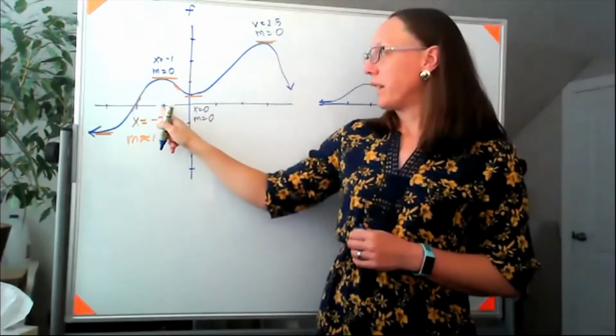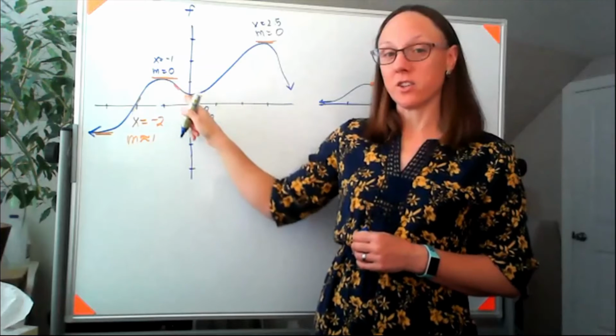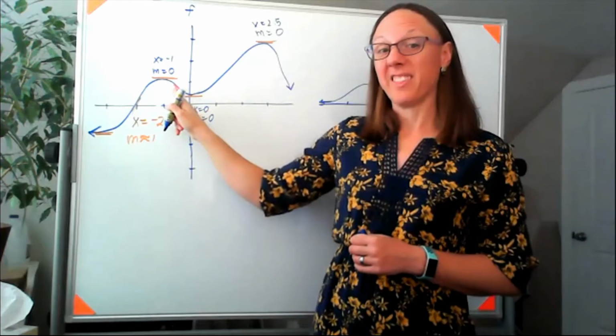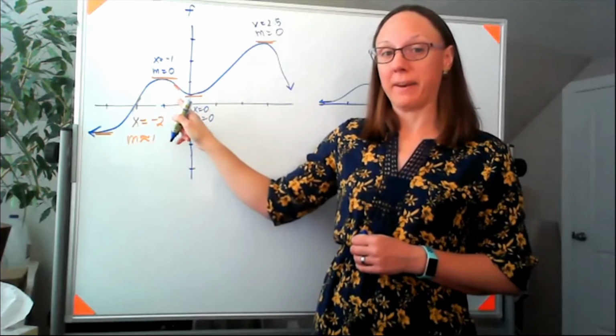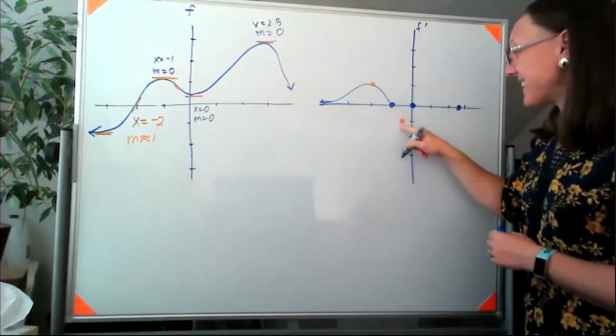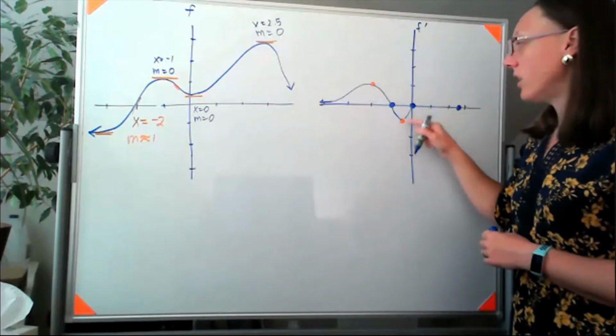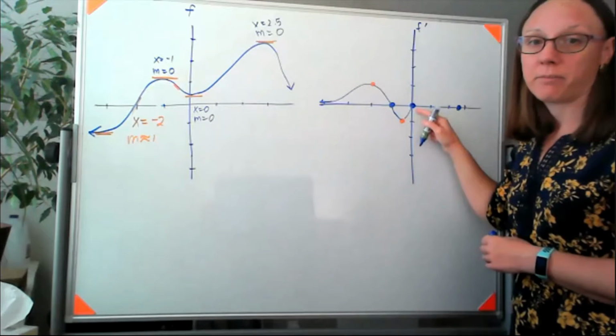And then between -1 and 0, all of these slopes are negative, with the steepest negative slope happening there at about -0.5. So that's my steepest negative slope. So it's the lowest point I'm going to get to on my slope graph.